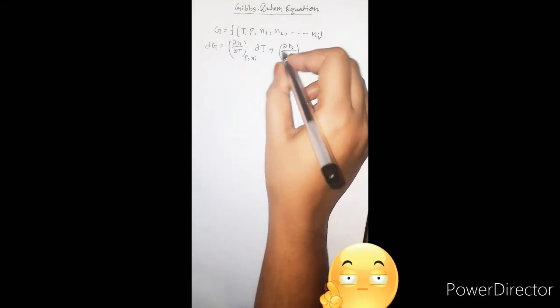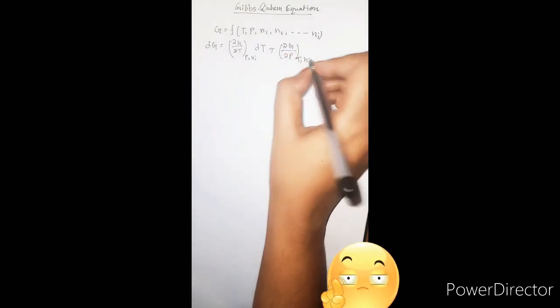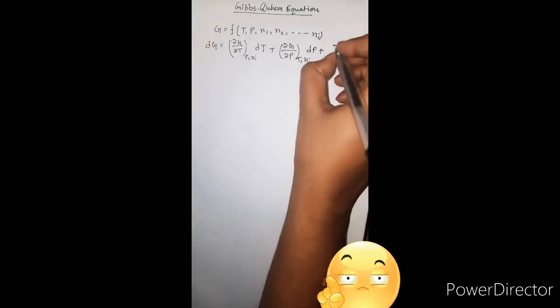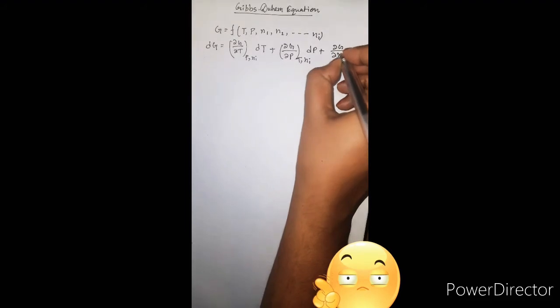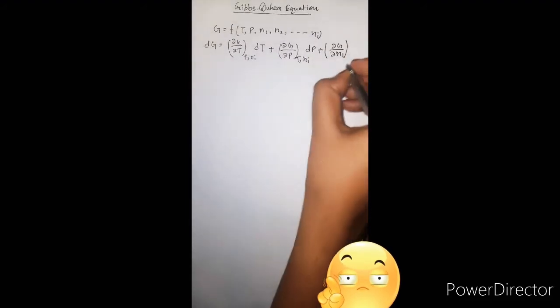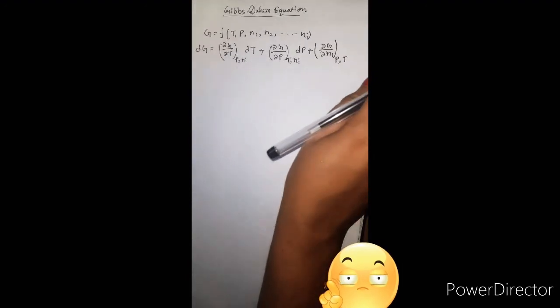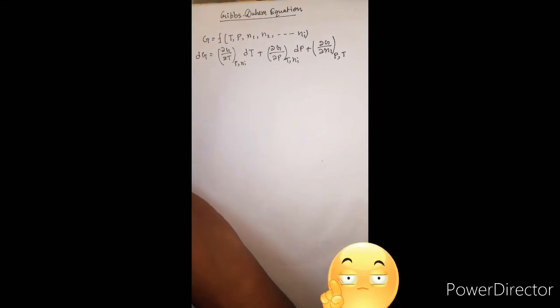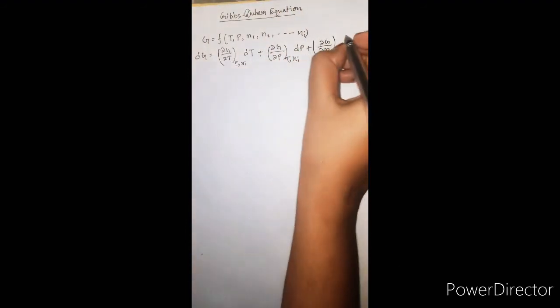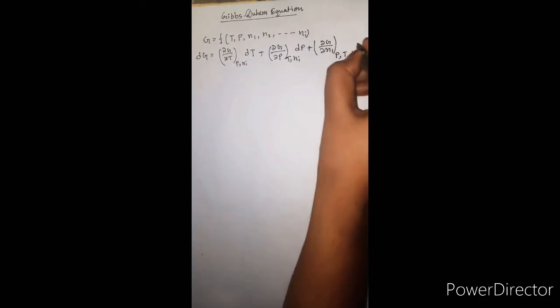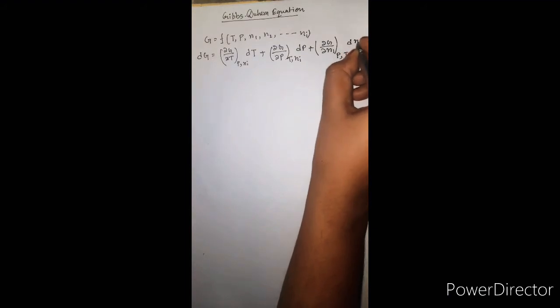Then del G del P into dP, plus del G del n1 at constant P, T and nj, where j is not equal to 1, into dn1.